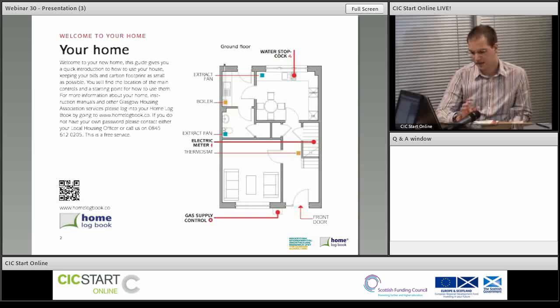And again, the interesting thing for this project was trying to do one book for a range of house types that may have things that move about slightly whilst they're on site. Maybe there's particular site issues that mean that the gas supply comes in the side of the house rather than the front. So trying to unpick that with both the GHA and Ogilvy was important, and obviously with Property Logbook, the Home Logbook Company.